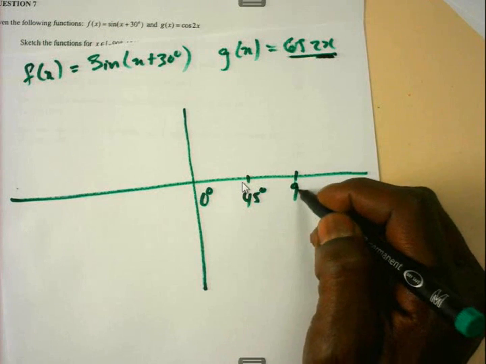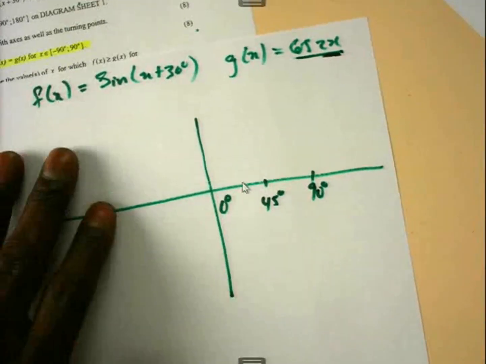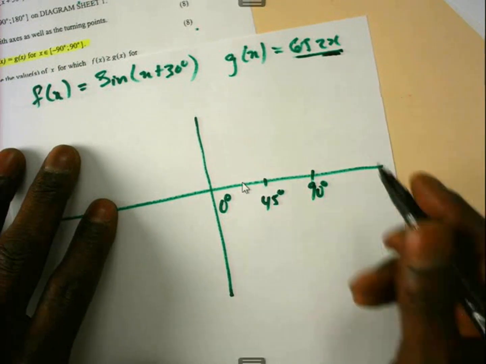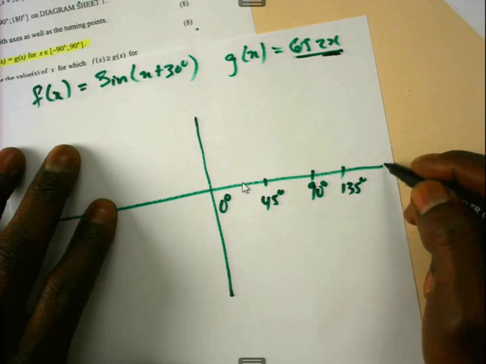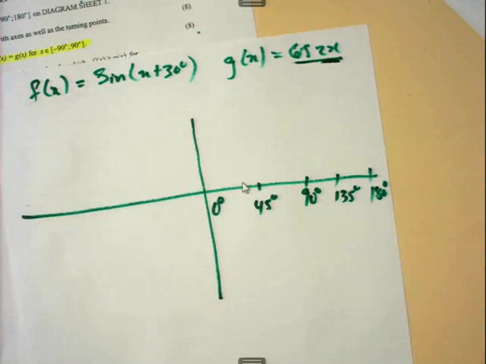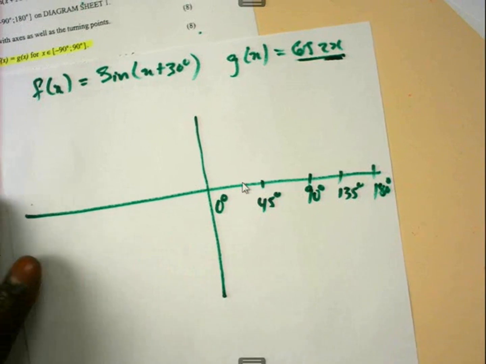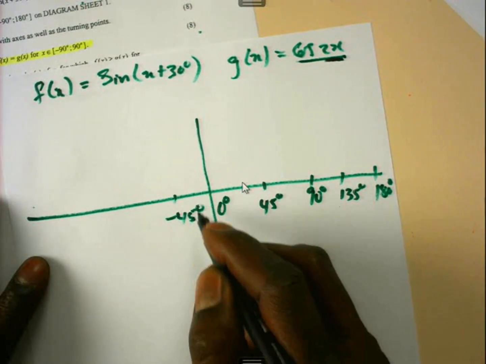From 45 degrees, we'll go to 90. I must just check my restriction. I must go to 135. My restriction, or my interval, says I must go up to positive 180. And on the left-hand side, I must go negative 45 degrees.